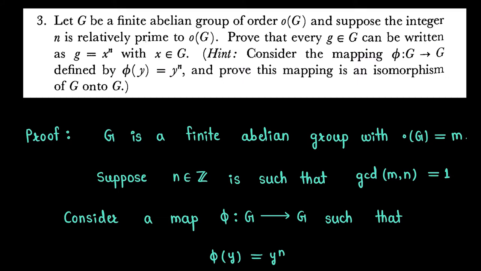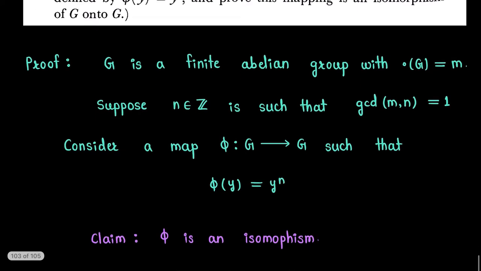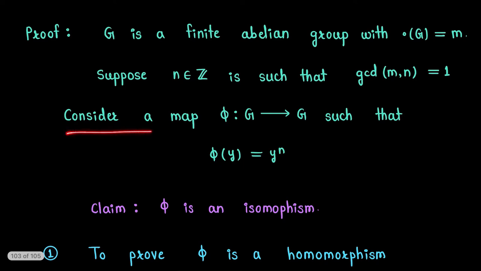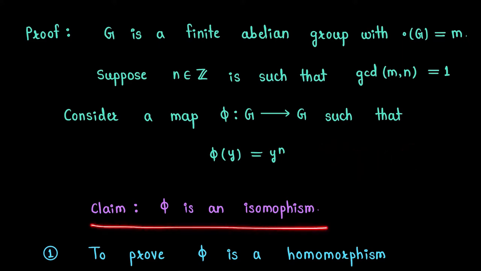Now following the hint, consider the map phi from group G to itself such that phi of y is equal to y to the power n for all elements y in group G. Now we have to prove that this map phi is an isomorphism. To show phi is an isomorphism, we will show that phi is a homomorphism and a one-one onto map. So we will do that.